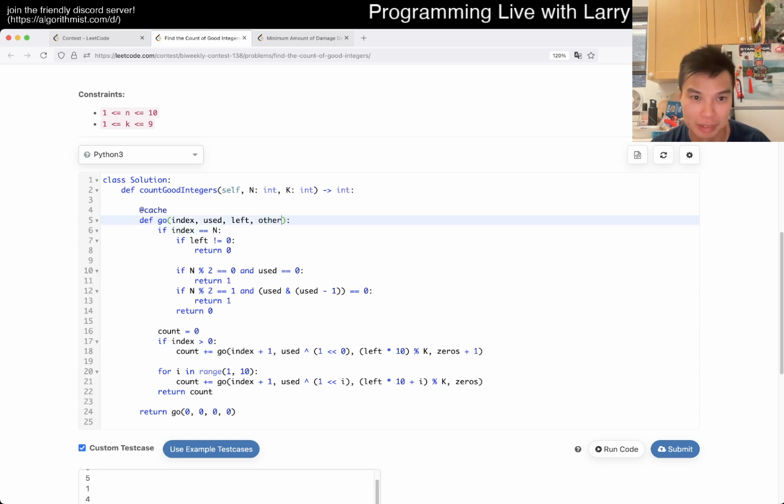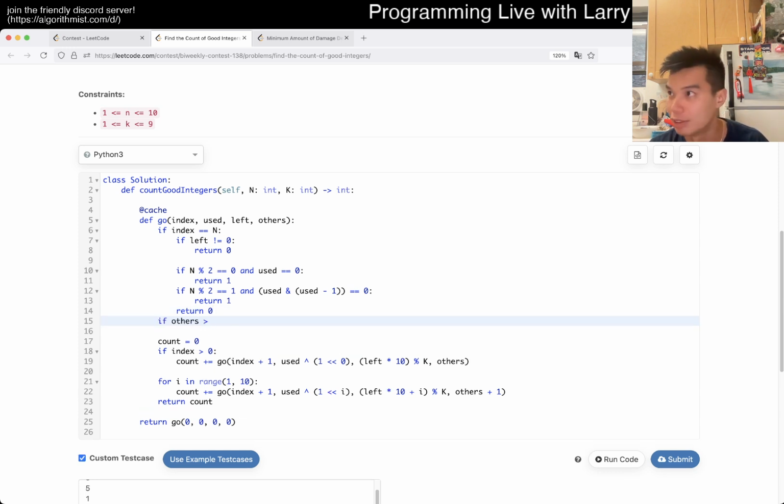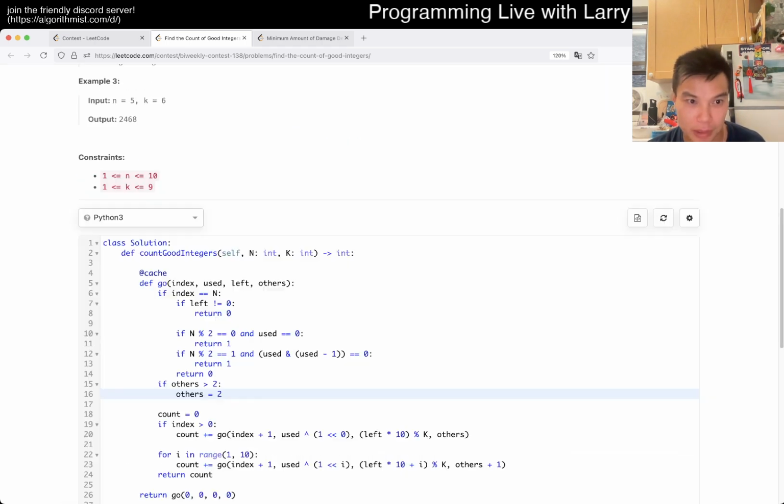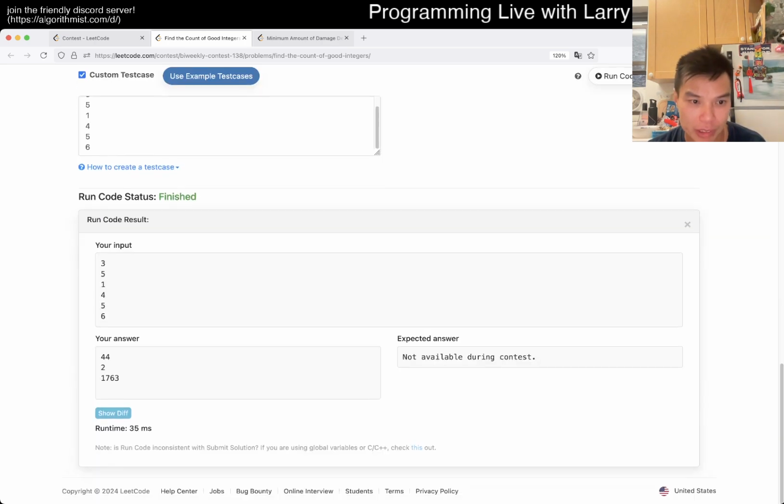Or others maybe? Others plus 1. If others is greater than 2, then others is equal to 2, just so that we minimize the search space a little bit. Okay, we fixed the 3 and 5.